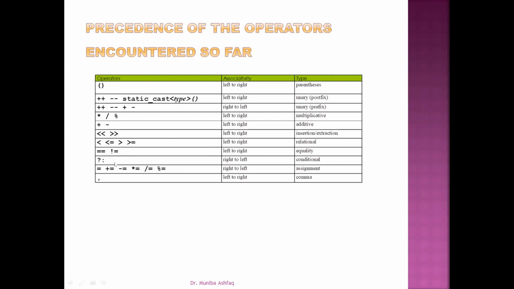And after that, we have the conditional operator, which is question mark and colon. And then you have equal, plus equal, minus equal, multiply equal, divide equal, and so on, which are the assignment operators. You have the assignment, and it would be from right to left. Then comes the comma, which you have to apply from left to right.